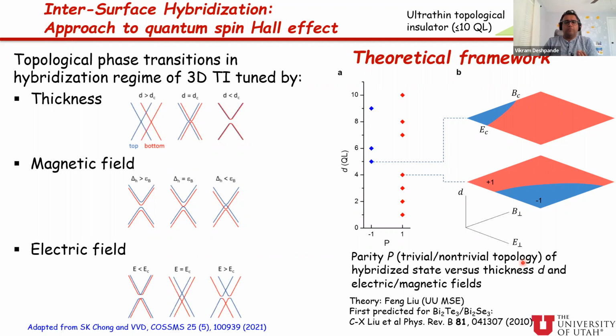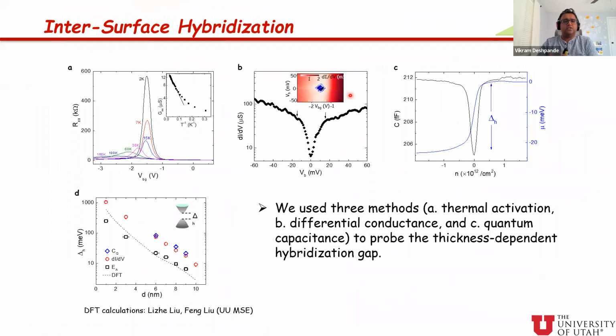Okay, so this was an early prediction that was made back in 2010 for the case of bismuth selenide and bismuth telluride, and this is our theory here for the case of BSTS. But something like this has not been seen so far, right? And so we started then to look at thinner samples and see what they can show us, and so we essentially took samples down from 10 nanometers all the way down to 1 nanometer and studied gaps in these samples using 3 different transport-based measurements.